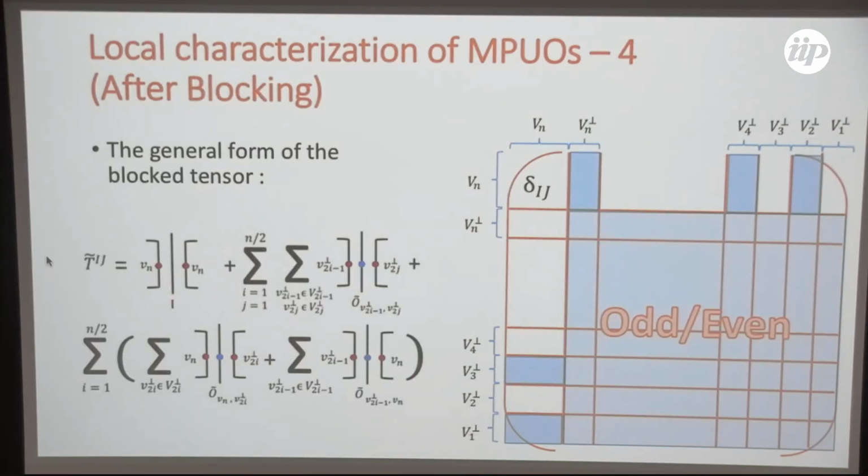Then we can understand what happens when we block these local tensors. What's going to happen is that these trivial blocks will go to 0. They will go to 0 matrices because they look like this, except this block. So this block has to be 0 for these trivial blocks. And if you multiply them finitely many times, you will go up.